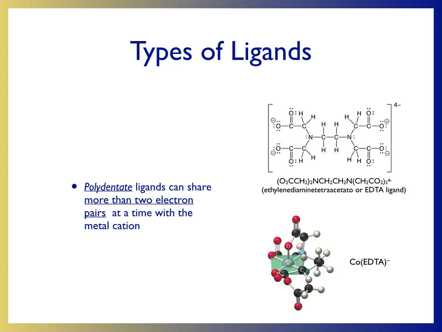This forms a cage-like structure around the metal cation. The reason why EDTA is oftentimes used in food is that it helps to encapsulate metal cations, which can improve the taste of your food items.